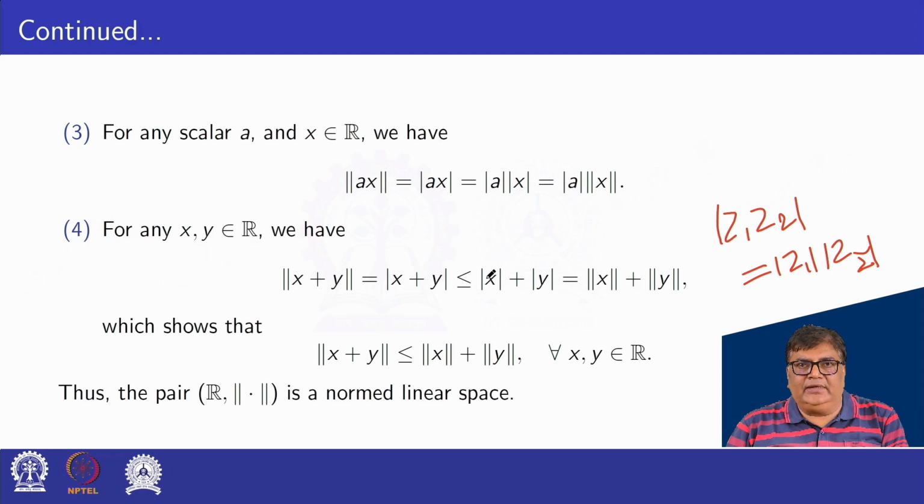So mod x, mod y can be written as norm x, norm y. That is, norm x plus y is less or equal to norm x plus norm y. Okay. So the pair R, norm is a normed linear space.